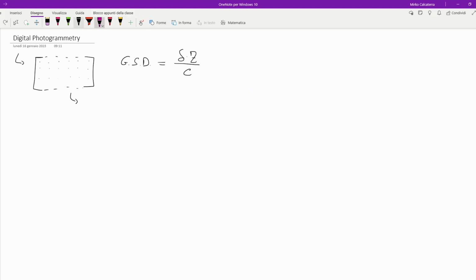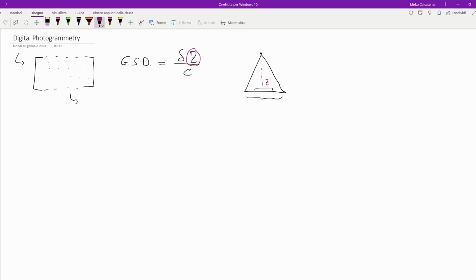I think it is better to draw it in black and then use other colors. So if I'm taking the picture from here and this is my field of view, and my object is here, and I'm taking the picture from this point, this is Z.